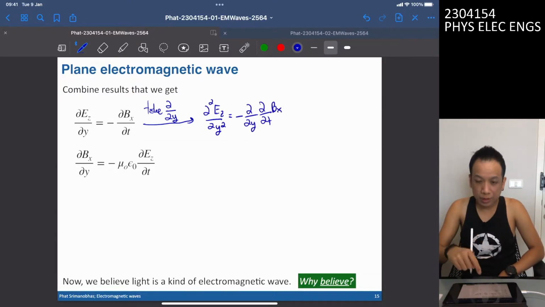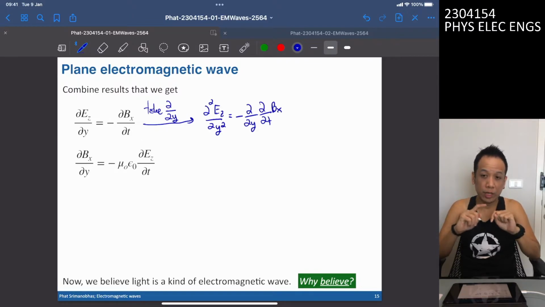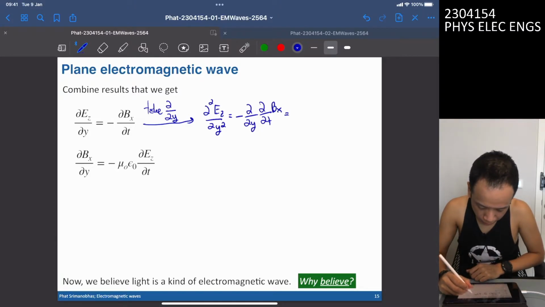But you have learned before in calculus class that if you do two derivatives, which one you do first is okay. You're going to get the same result. So it's the same as d by dt of d by dy of Bx.